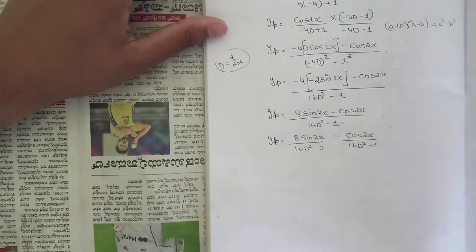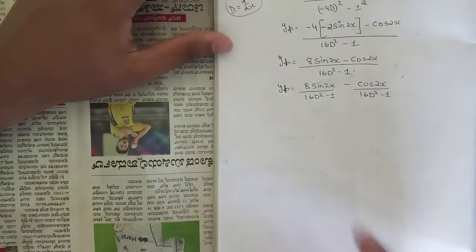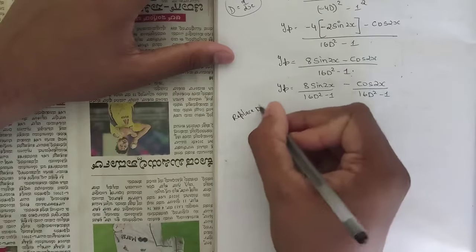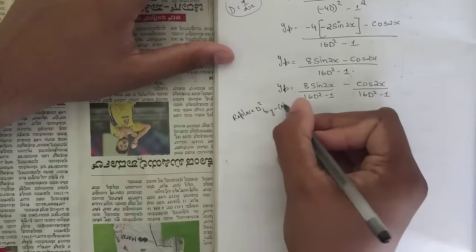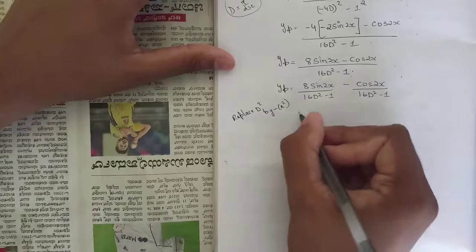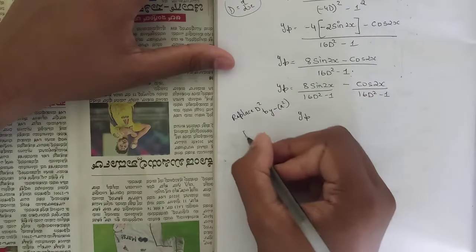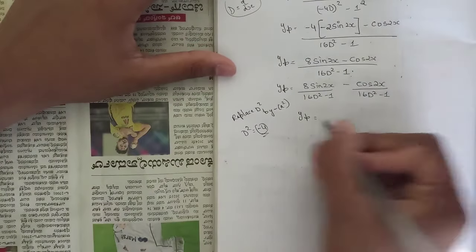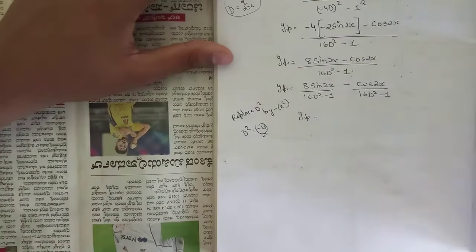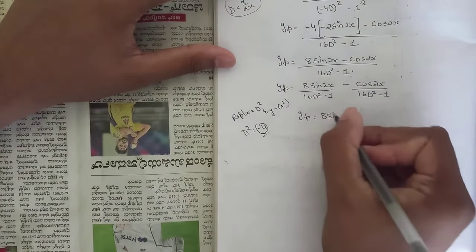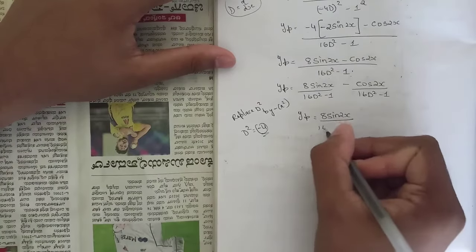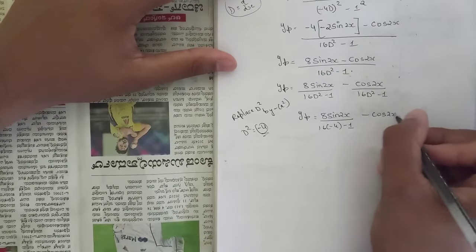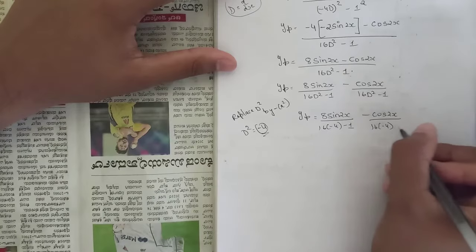8 sine 2x divided by 16d square minus 1, minus cos 2x divided by 16d square minus 1. So again in the denominator we have the d square term. So again we need to replace d square by minus of a square, where the value of a here is 2. So we replace d square by minus 2 square, that is minus 4. So yp would be now 8 sine 2x divided by 16 into minus 4 into minus 1, minus cos 2x divided by 16 into again minus 4 into minus 1.